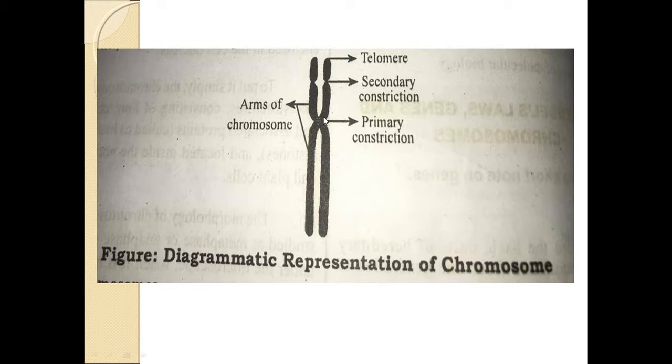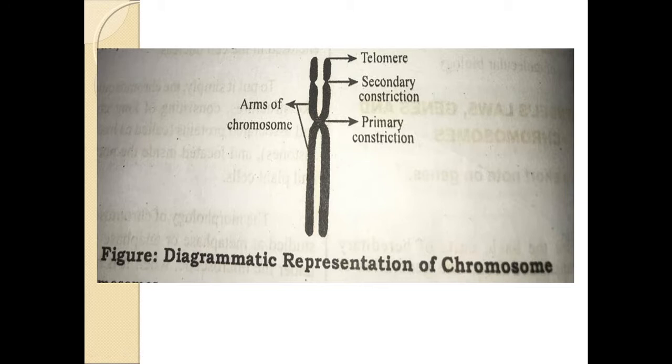In the primary constriction region, the chromosome will show the bending, and this is the region of chromosome occupied by the centromere, which is dividing the chromosome into two halves called arms of the chromosome.